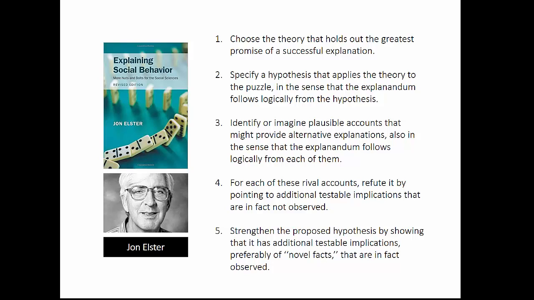When we show that not only our hypothesis seems to be true, which is the minimal requirement of an explanation, what Elster says, but also the other implications that follow from the excess explanatory power of our explanation, then we can be even more confident in our original hypothesis and explanation. Okay, let me walk you through that.